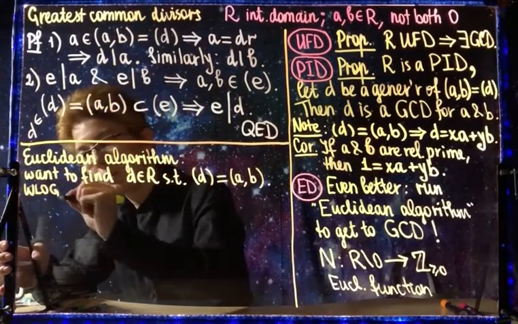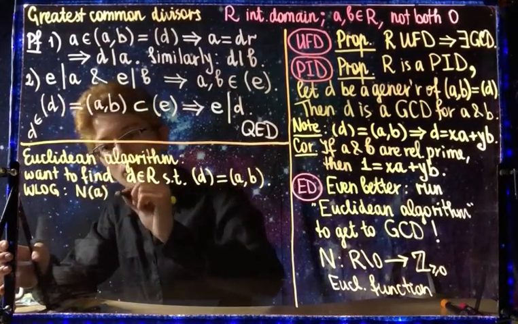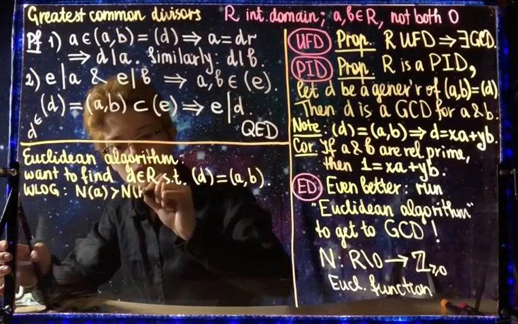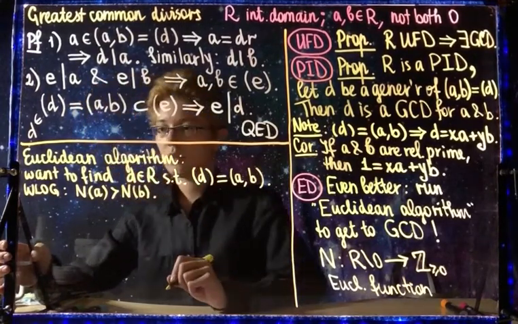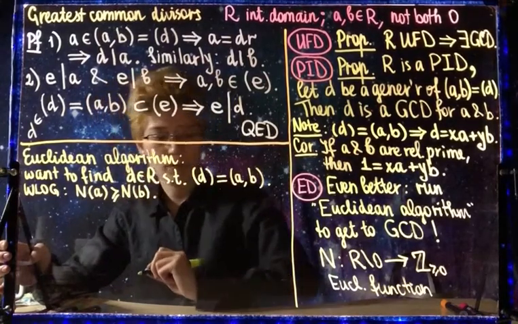So without loss of generality, let us assume that the norm of A is bigger than or equal to the norm of B.